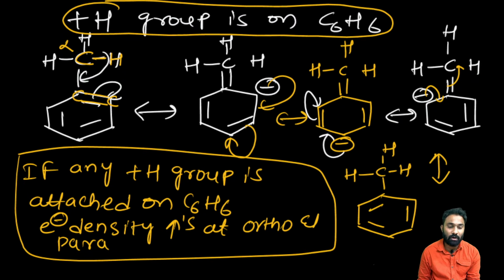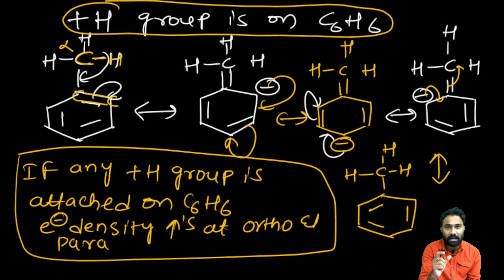That's the reason we will call any plus H groups attached on the benzene as which one? We will call it weak ring activating groups.